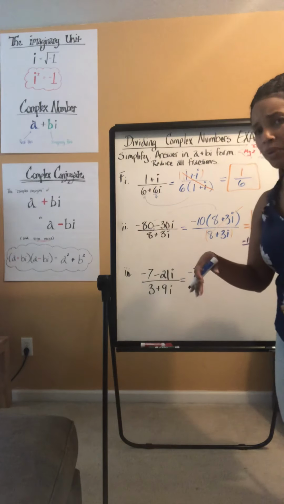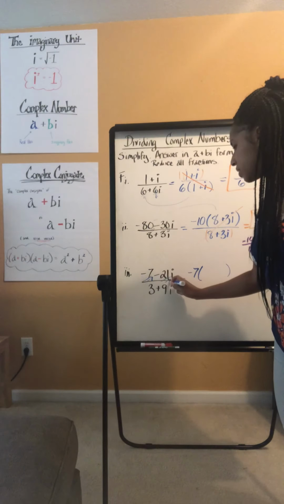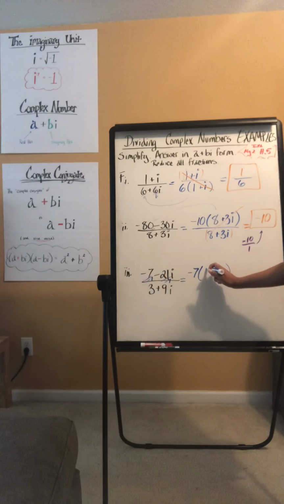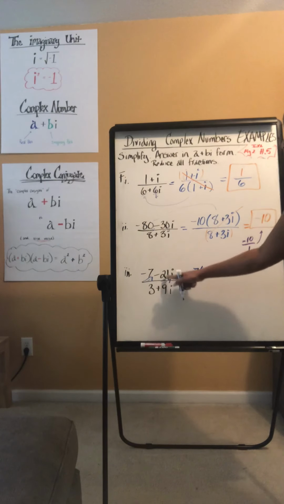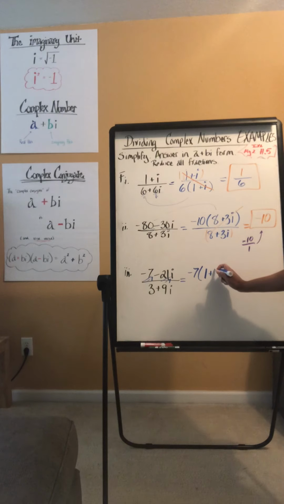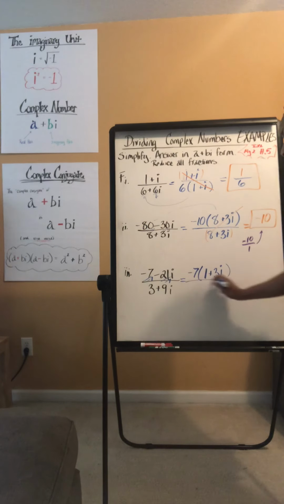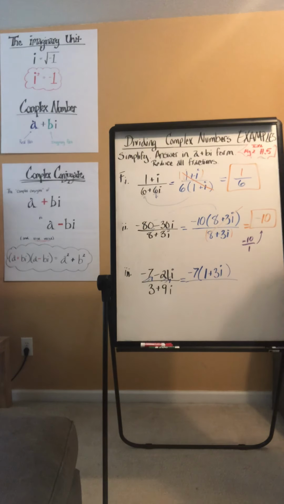And I want to just go ahead and pull out the negative as well. So if I divide them both by negative 7, negative 7 divided by negative 7 would leave me with a 1. Negative 21 divided by negative 7 would leave me with a positive 3. And then, of course, I have the i. That is not what I see in the denominator. That's not going to just cancel this package.